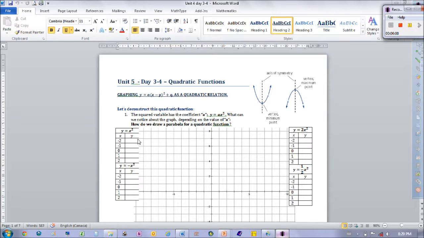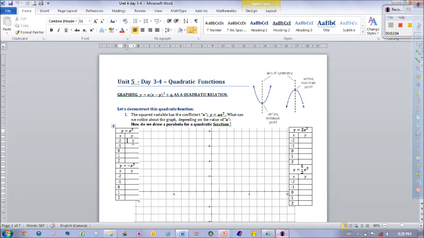Now, the easiest way sometimes to graph a parabola is by doing a table of values. So I have four functions here: y equals x squared, y equals negative x squared, y equals 2x squared, and y equals 1 over 2x squared. And I have chosen for all of these x values between negative 2 and positive 2. So let's fill the table together.